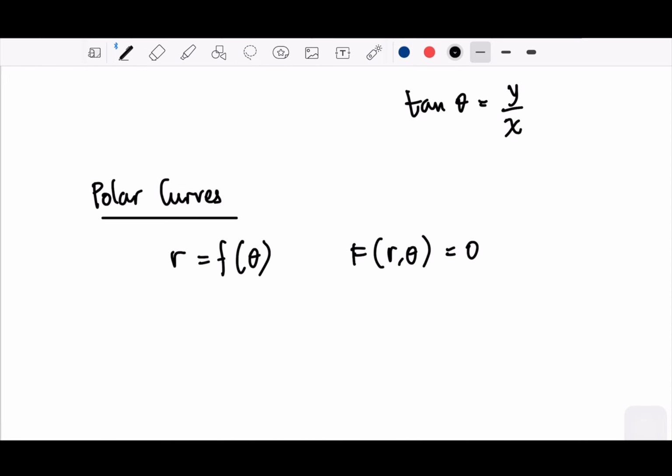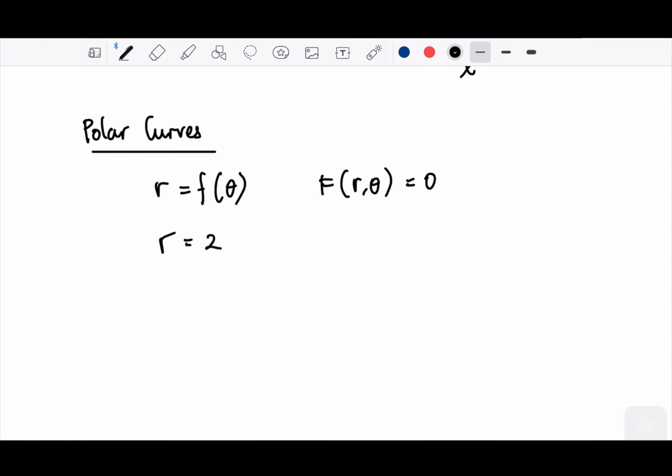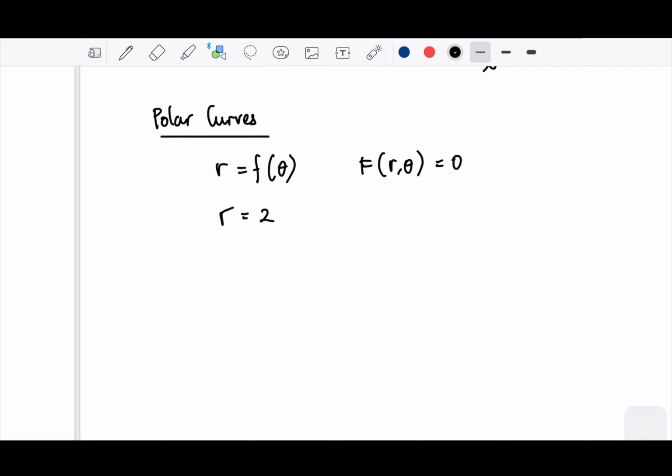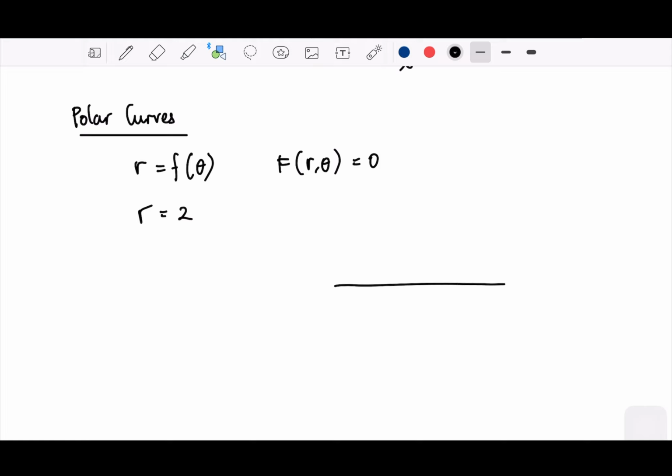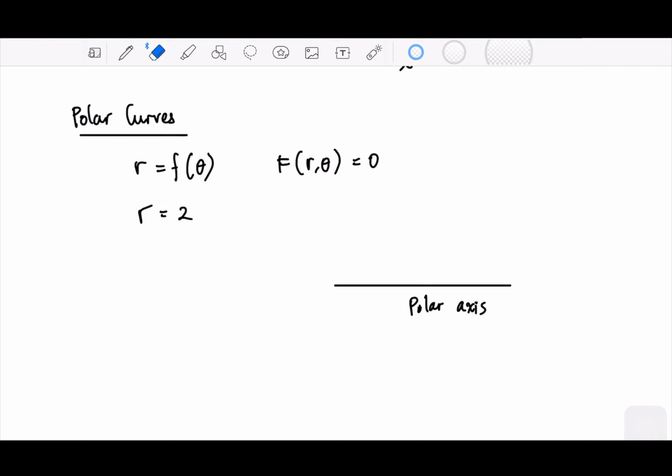So whenever you have r equal to, for example, because we already know that r is a function of theta, then if we take this in terms of the polar axis, let me just write down the polar first.